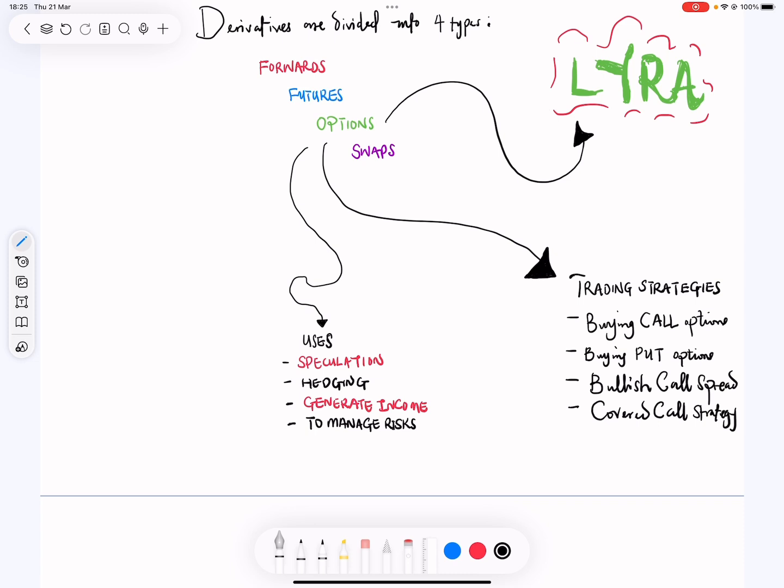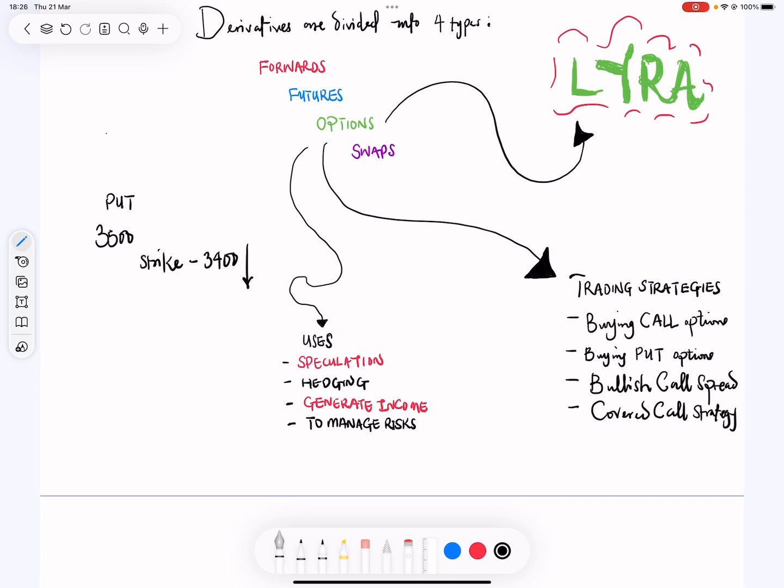So if our strike is at 3.4, we want it to go lower.